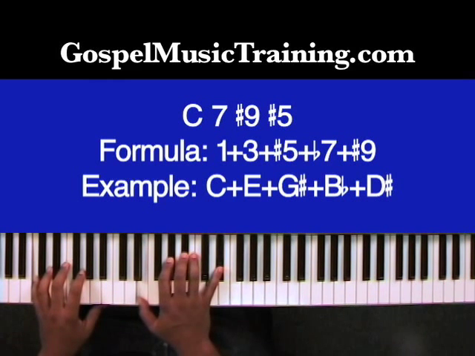We have E, A flat, B flat, and E flat. But since this is sharped, you would call this G sharp, okay? So we got E, G sharp, B flat, and then we have D sharp, all right?